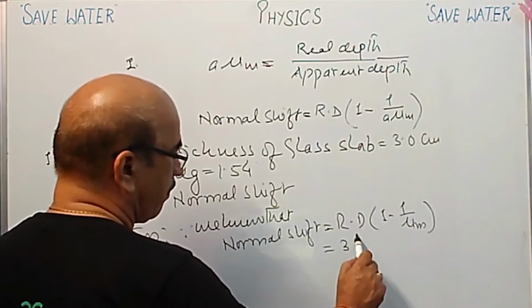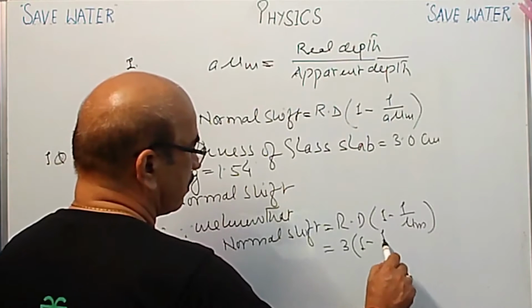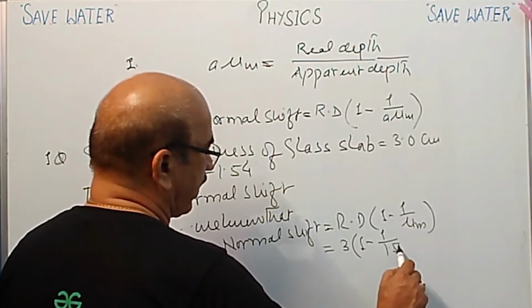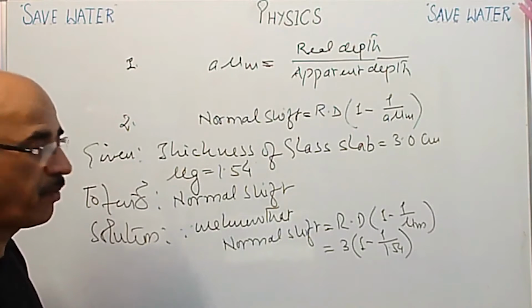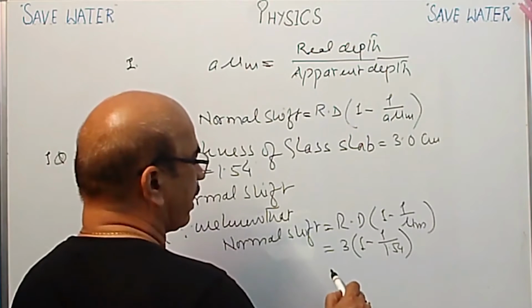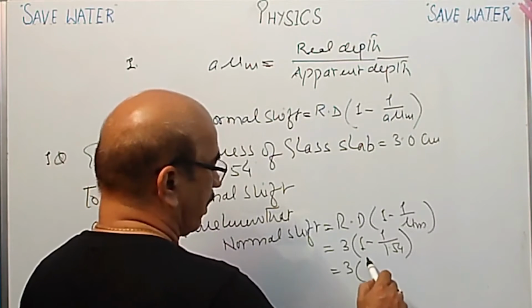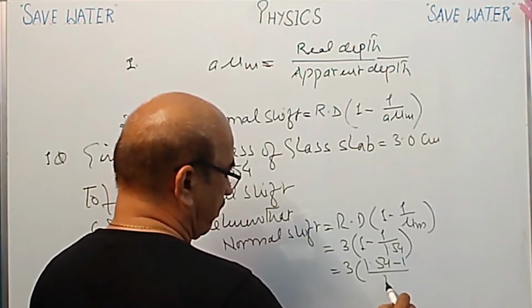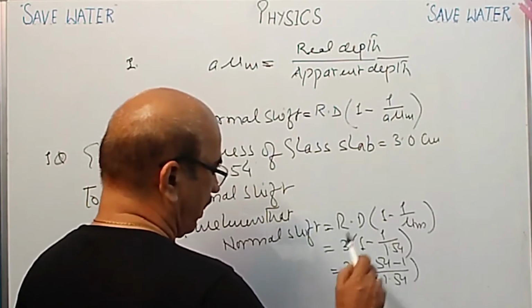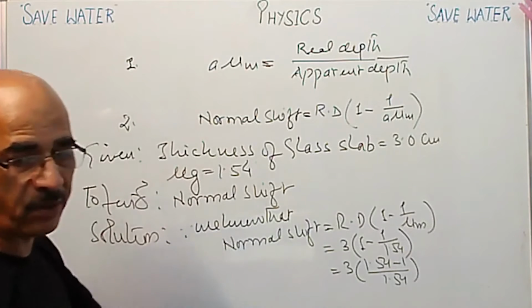It is 1 minus 1 upon 1.54, which is 1.54 minus 1 upon 1.54. Now try to solve it.